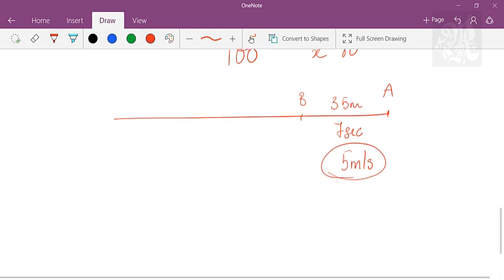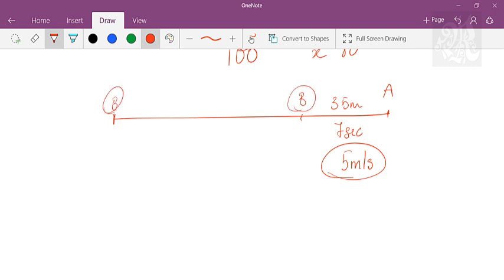Now have a look at this very neatly. At 5 meters per second, B traveled from this to this point, which is nothing but 165 meters. It covers that at 5 meters per second, which means the time duration of B will be 53 seconds. 53 seconds to reach from here to here.